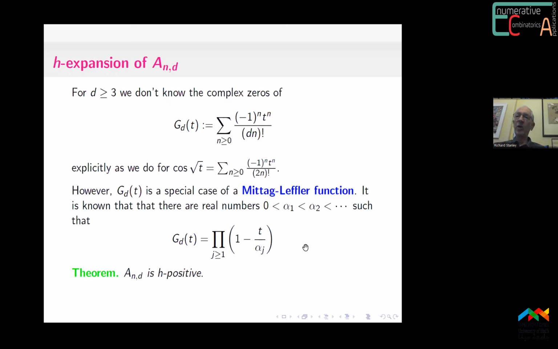If you know about Weierstrass products, there are no exponential correction terms to guarantee convergence, in other words, the sum of the reciprocals of the alpha j's converges.